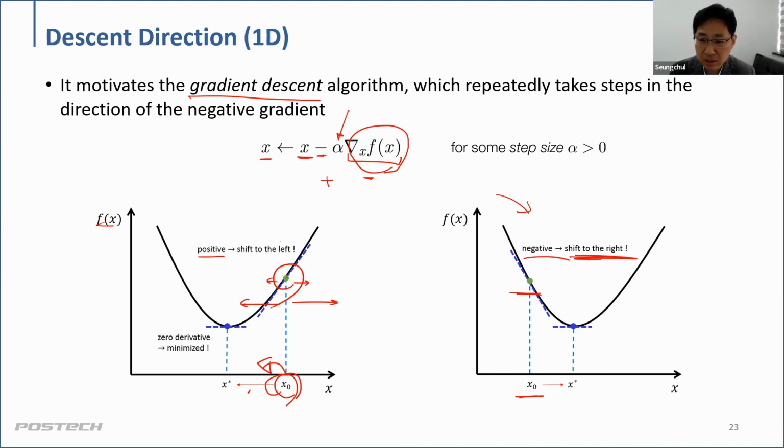Does it make sense? We update x. For each iteration, we are not sure whether we have to increase or decrease, but we can get some clue from the gradient, whether it is positive or negative.